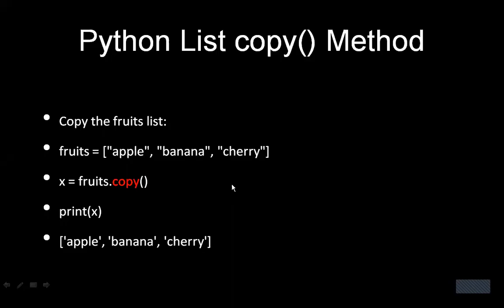Okay, now next we will be looking into the copy method. What do you mean by the copy method, and what is the use of it? Copy means, probably you have heard this word, whenever exams are there, some of the students try to copy from their neighboring friend.